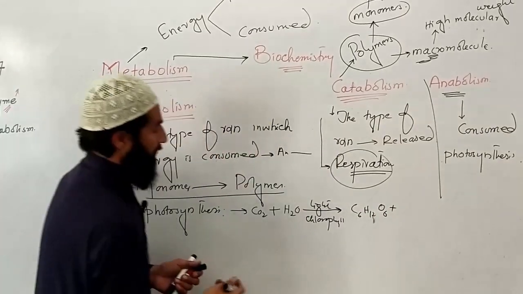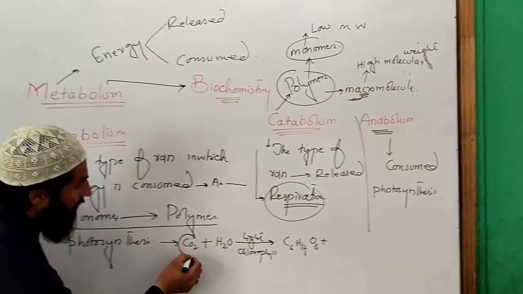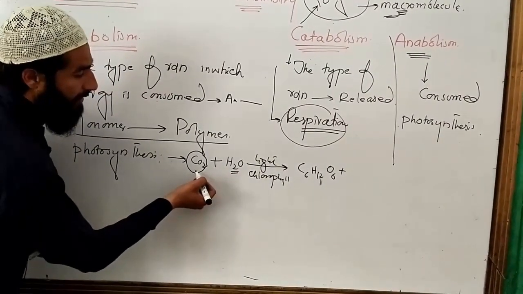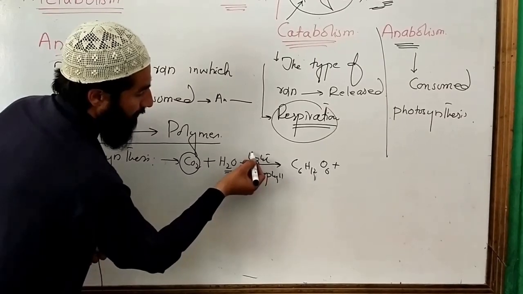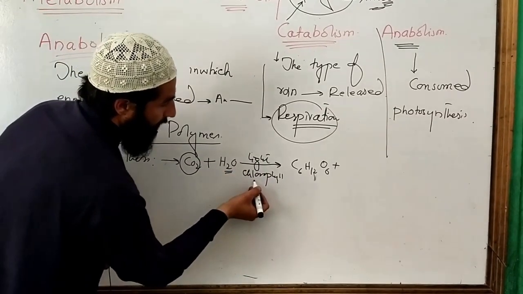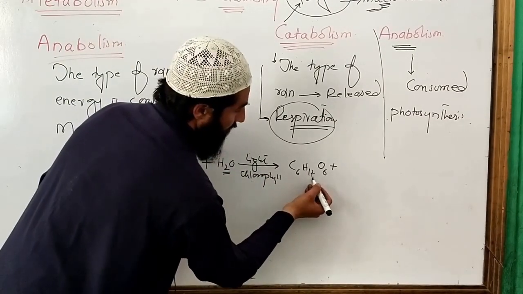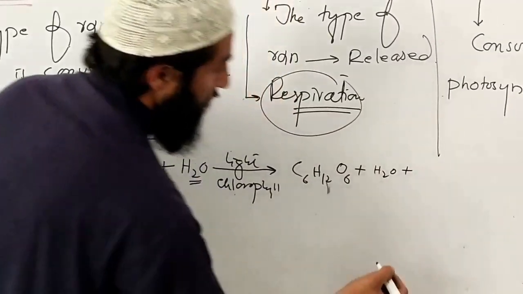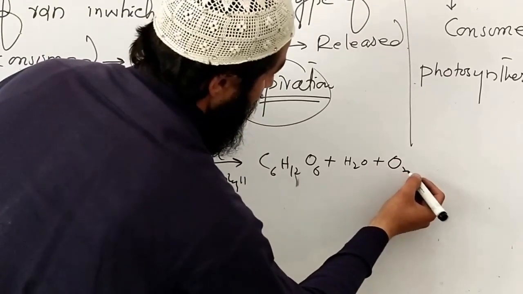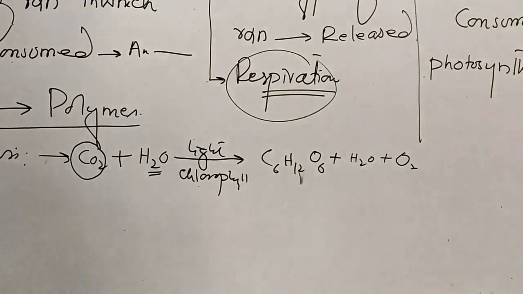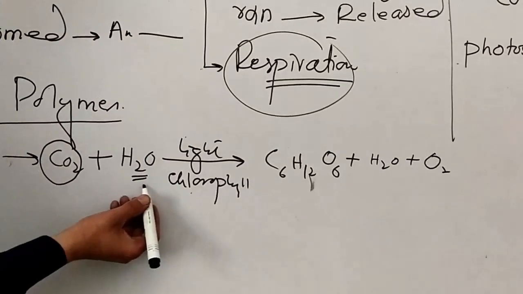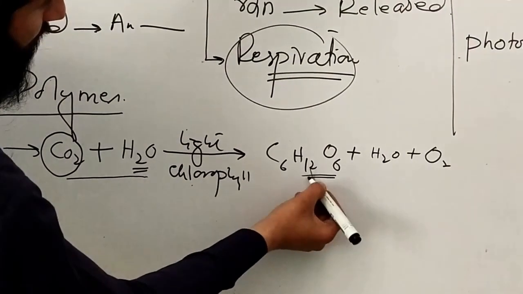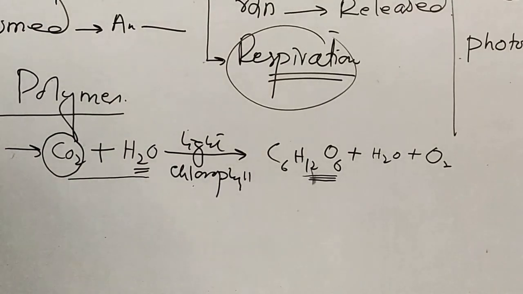Means CO2 is a monomer, H2O is also a monomer. They combine in the presence of sunlight and chlorophyll to form what? C6H12O6 plus H2O plus what? Oxygen. Means the reaction in which the monomers are combined to form polymers is known as what?